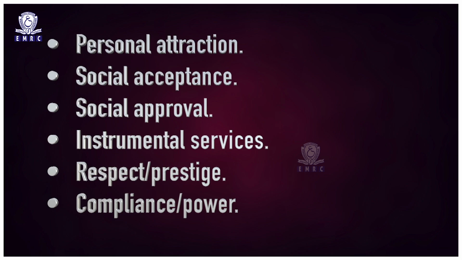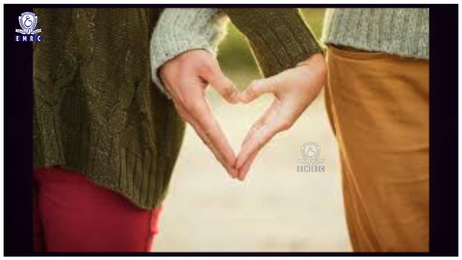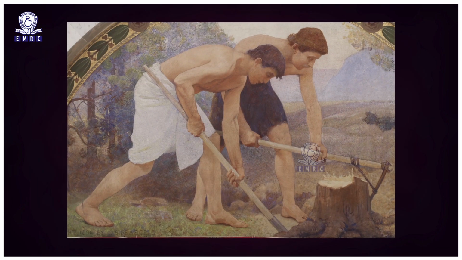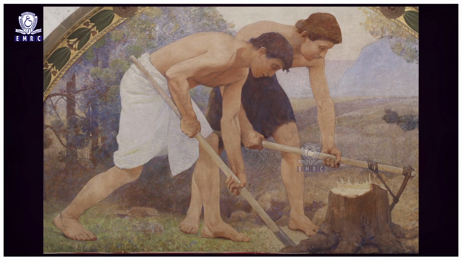Rewards are also classified into intrinsic, for instance love, affection, respect, and extrinsic rewards, for example money, physical labor. Intrinsic rewards are those things we find pleasurable in and of themselves, not because they provide the means for obtaining other benefits.